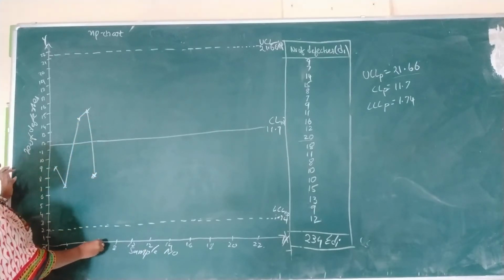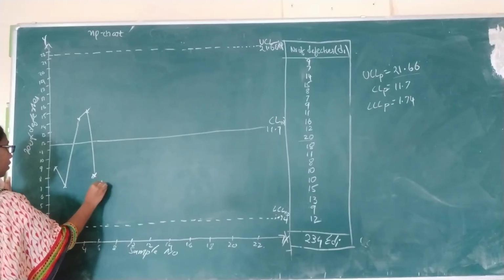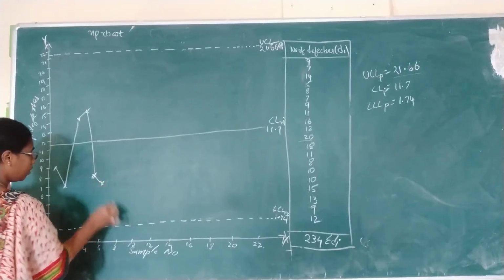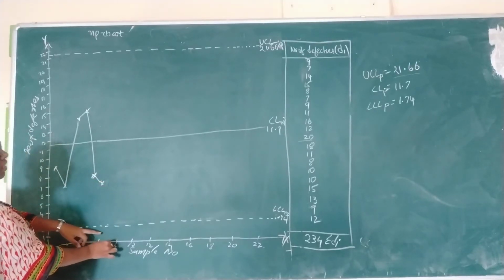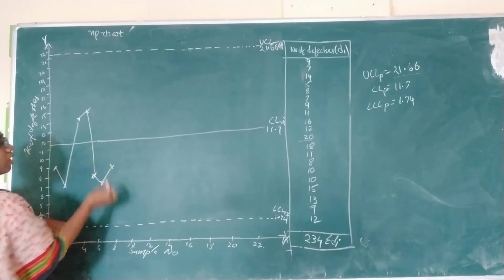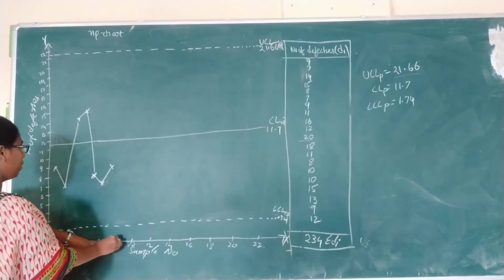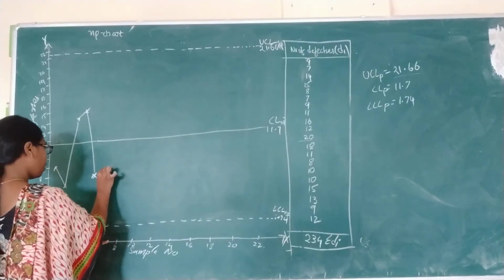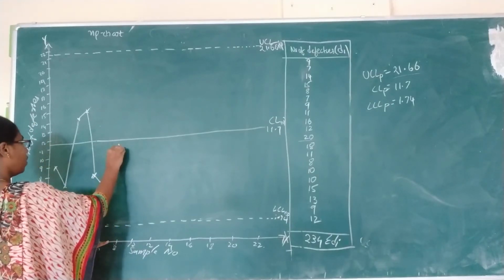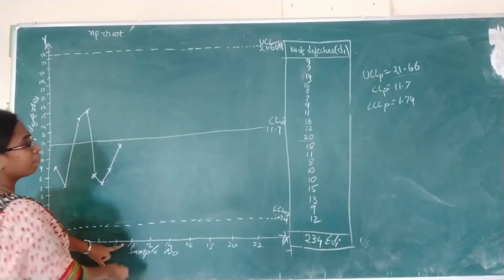Sixth sample it is 7. Seventh sample, after 7 we have 9, so next 9. For the next sample it is 11. Next sample it is 16.